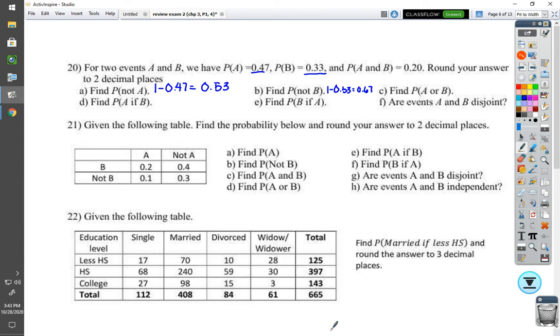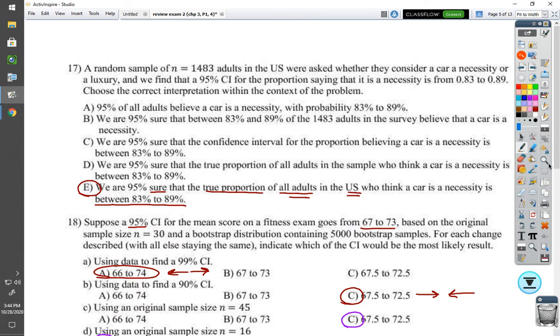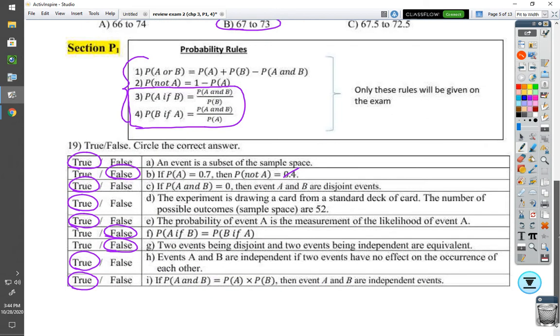And letter C, find the probability of A or B. First of all, we need the formula, so we go back to the formula sheet at the bottom of the page.